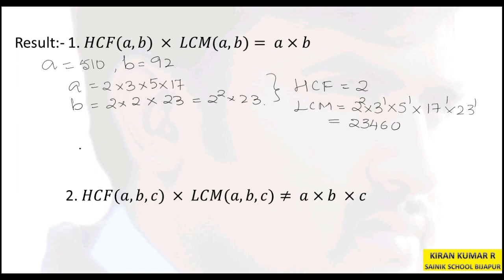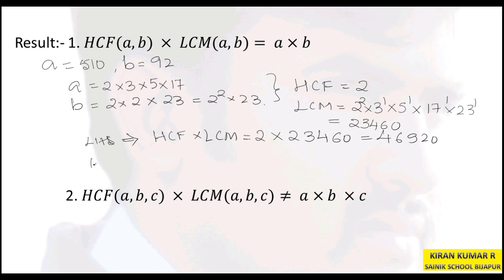Let us now find the left hand side, HCF into LCM. Here the HCF is 2 and the LCM is 23460. If you multiply this, we get 46920.